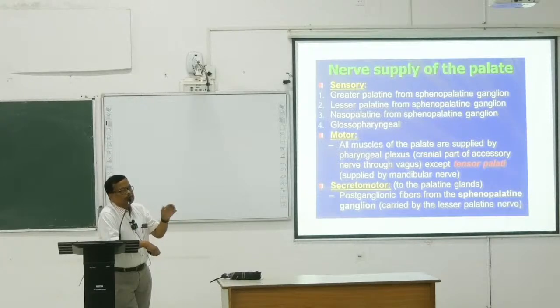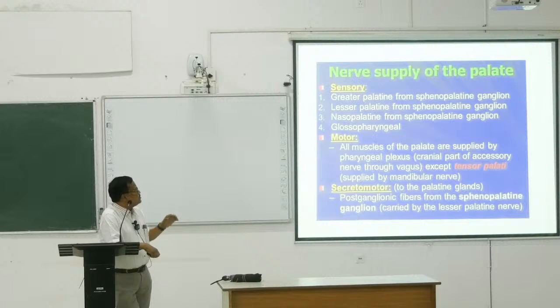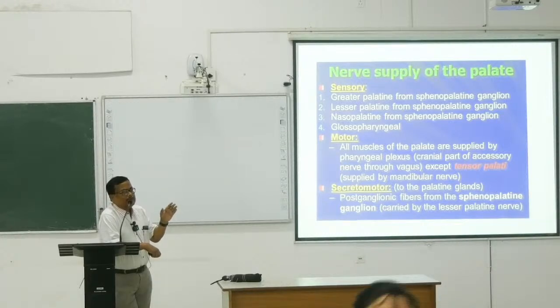Then via the different routes you have to know, all muscles of the palate are supplied by the pharyngeal plexus, the cranial part of the accessory nerve through the vagus, except tensor veli palatini, which is supplied by the trunk of the mandibular nerve.